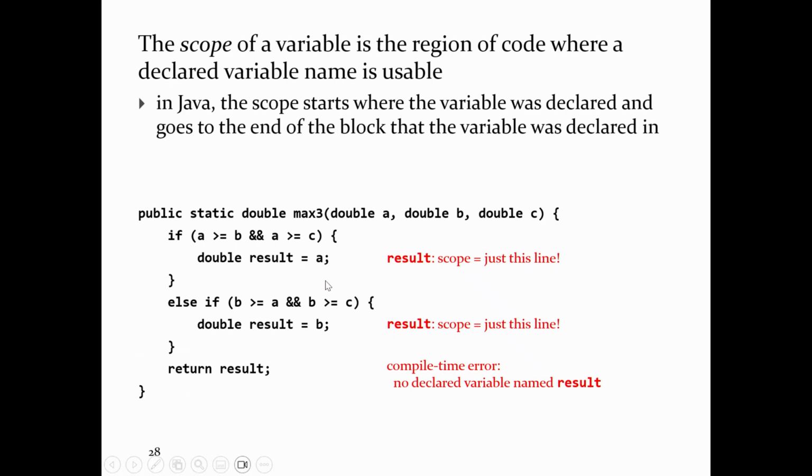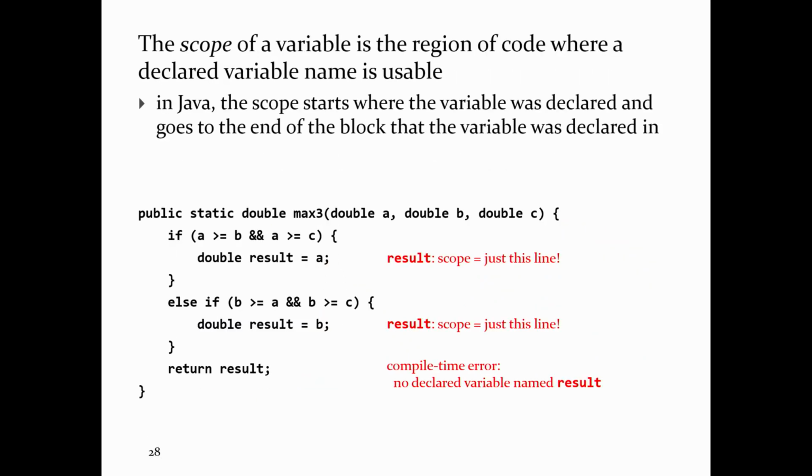The problem is the scope starts here and it ends inside the block that the variable was declared in. So the block that it's declared in ends here, and the name result is usable only within that block.